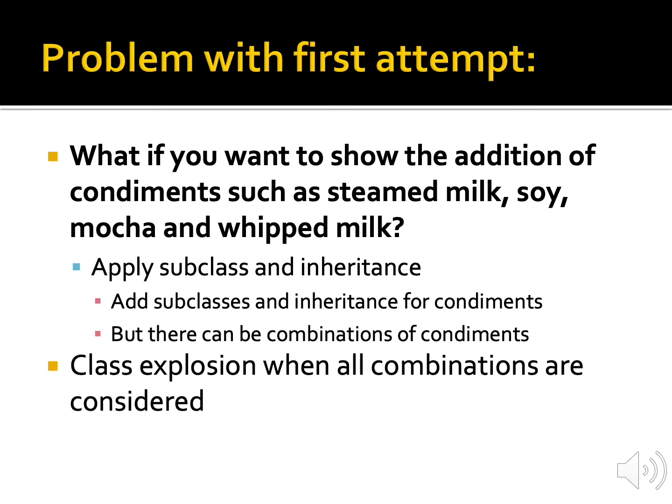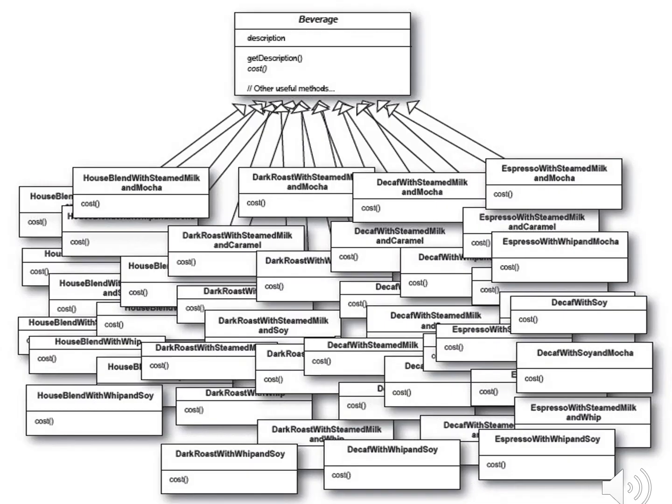You may be thinking of writing subclasses for each condiment and for the combinations of all the condiments, but writing so many subclasses will result in an explosion of subclasses, as we can see next. If you write the simple inheritance solution of the beverage with all these condiments and all its blends, then you have to write so many classes, as you can see in this diagram.